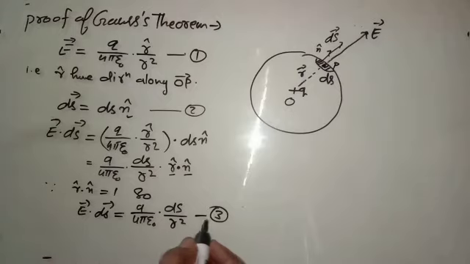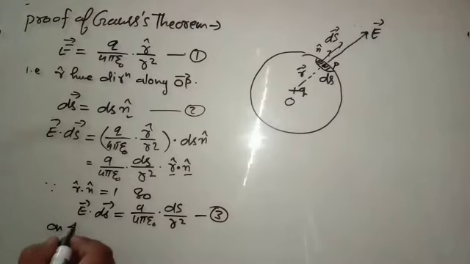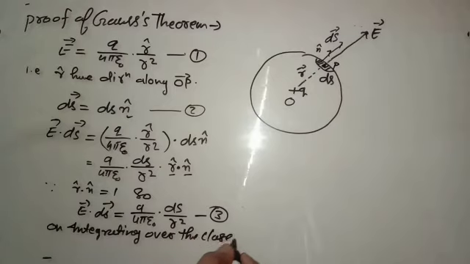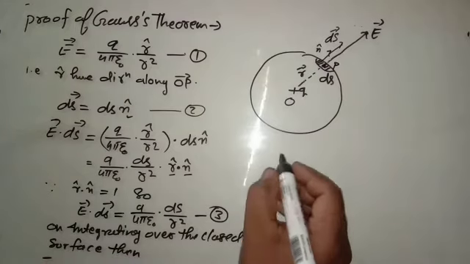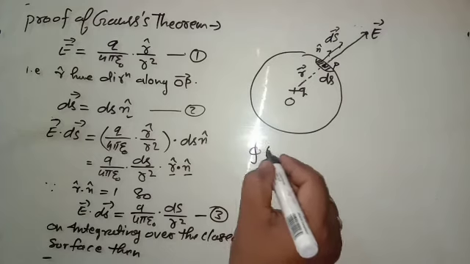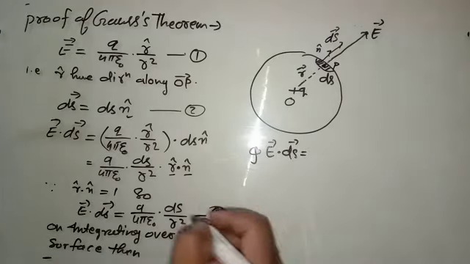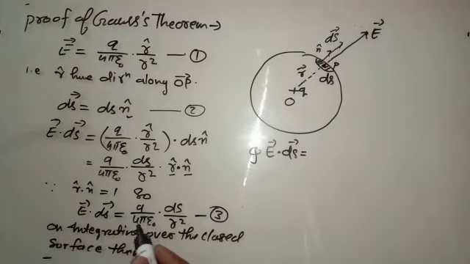And if we integrate equation number 3 over the closed surface, then closed integral of vector E dot ds is equal to q upon 4 pi epsilon naught upon r square.